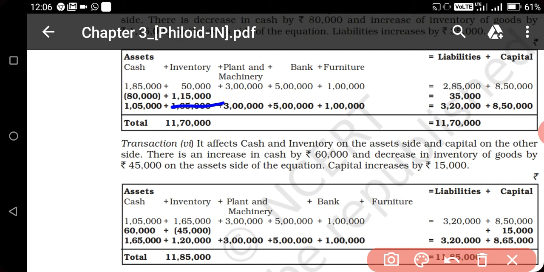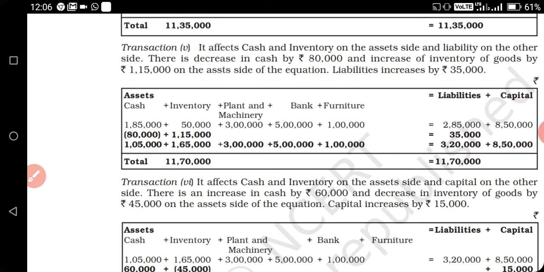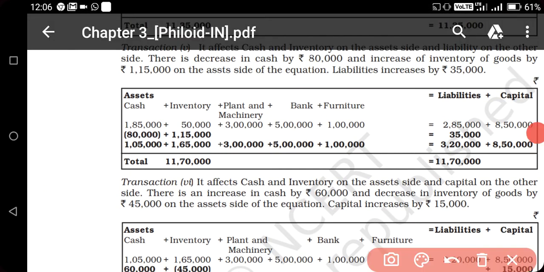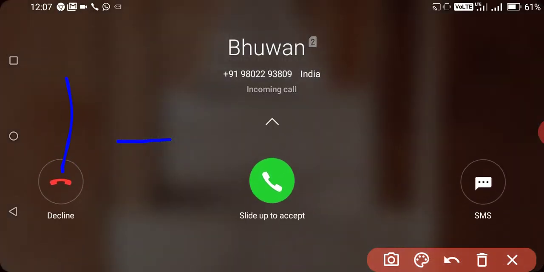According to this transaction, we are making the payment of rupees 80,000 in cash. So cash will be reduced from the total cash. Total cash we had 1,85,000. Now we are reducing the 80,000 from cash. And the rest, 35,000, we are not making the payment of here.